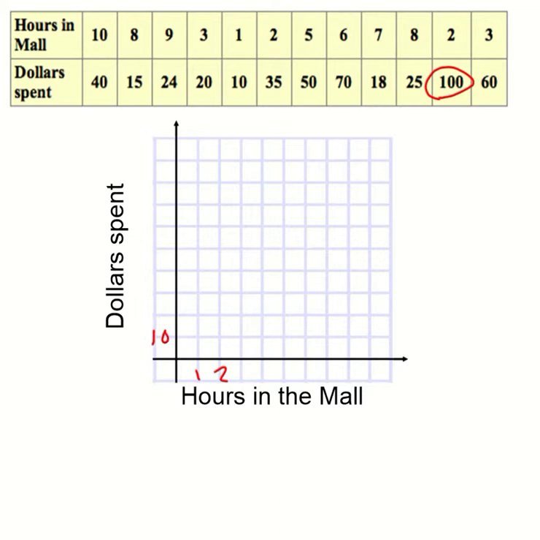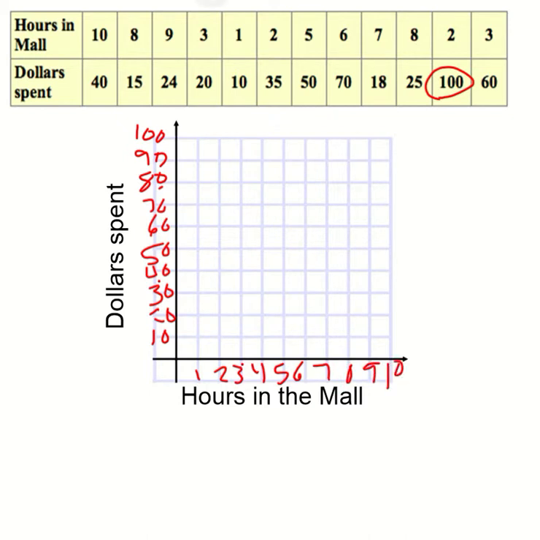So 10, 20, 30, 40, 50, 60, 70, 80, 90, and 100. So we have labeled, we have our scales figured out. Let's finish labeling the x-axis with our scale. Now we're ready to start plotting points.